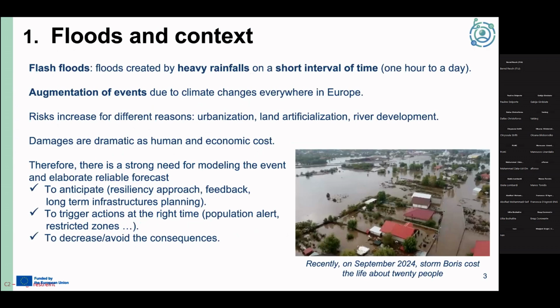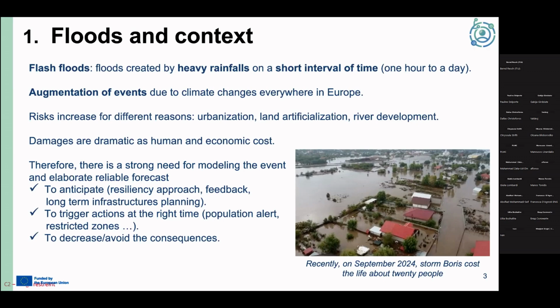So flash floods are floods created by heavy rainfall on a short interval of time. By short, I mean few hours to a day, but no more. It's a very quick event. This is also why it's very difficult to predict them and to modelize them. Due to climate change in Europe and everywhere in the world, we can observe an augmentation of events.